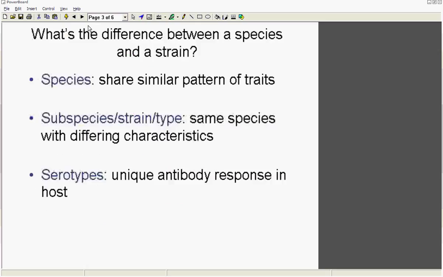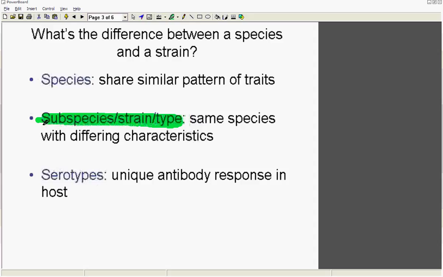Now, when we look at these different taxonomic groups, obviously there are different species within each of these groups. And let's make sure we're clear on the definition of species. A species means a collection of bacteria that have a similar pattern of traits. A species is a population or group of bacteria that share similar patterns of traits. You can also have subspecies, or what are sometimes called strains, or sometimes called types.